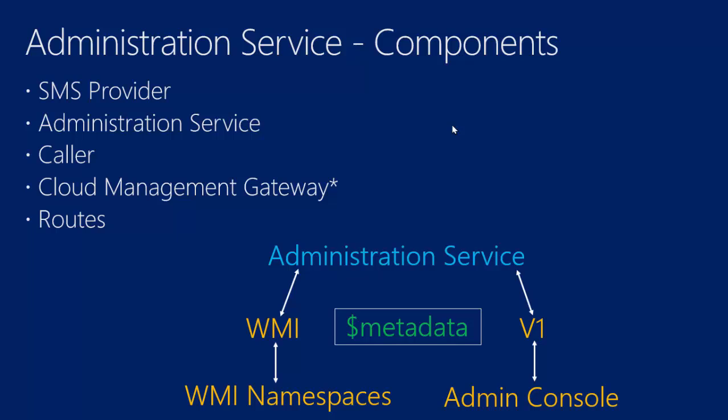Not really a component of the admin service, and not really a requirement for the admin service to work. But if you're going to use the admin service, you need to have something that will call the admin service to provide data. And that list of somethings can be really whatever you imagine it to be.